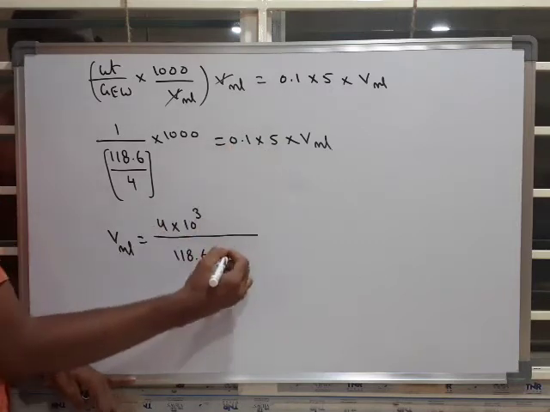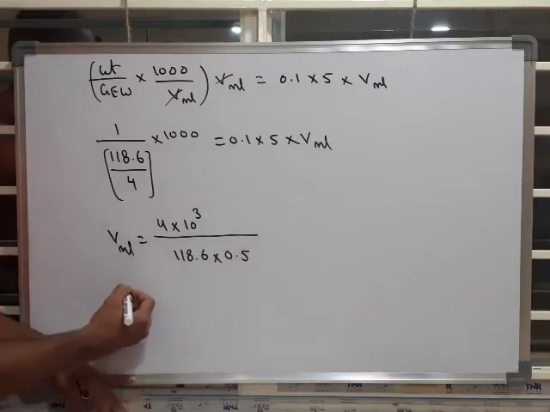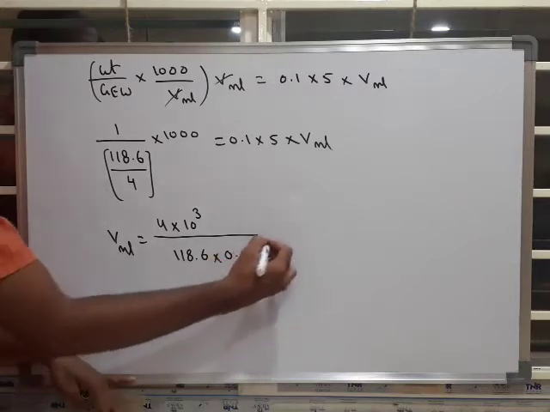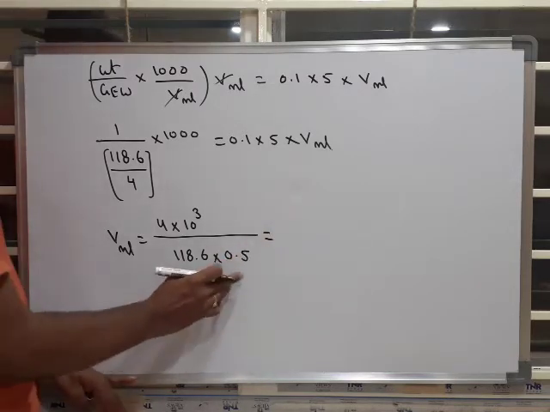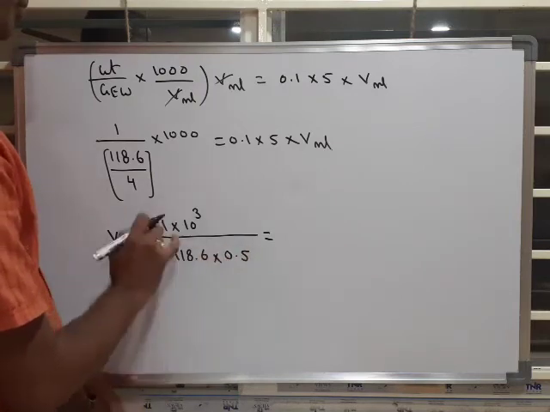So 0.1 into 5 means 0.5. So finally we can write V milliliters, 0.5 can add 1/2. So 1/2 becomes 8.